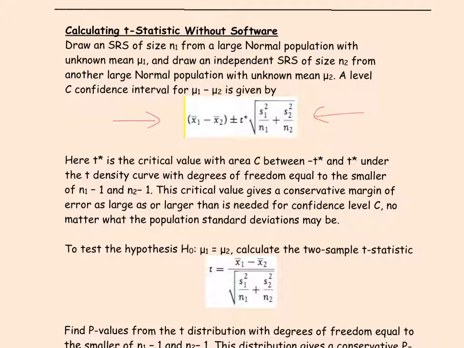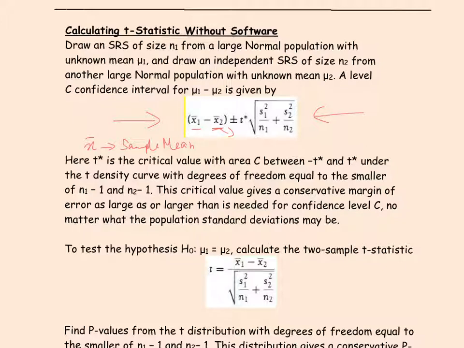Notice that we have x1 bar and x2 bar. So x bar in general is the mean of the sample, the sample mean. We have subscripts 1 and 2 for the two separate samples, sample 1 and sample 2. So x1 bar is the average of sample 1 and x2 bar is the average of sample 2.